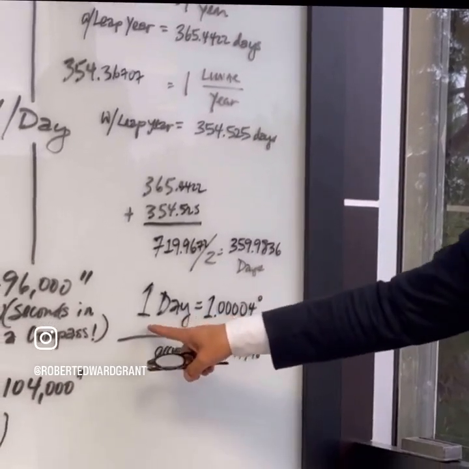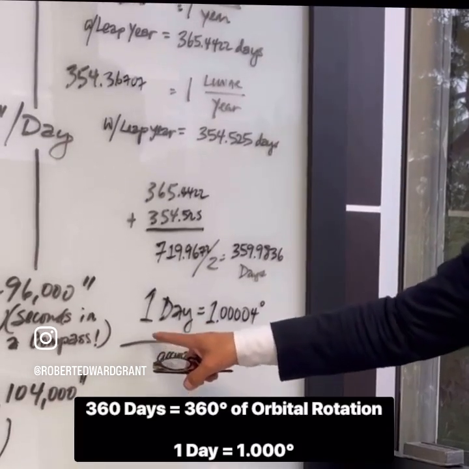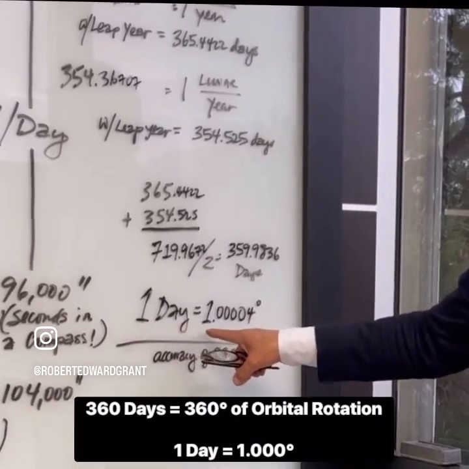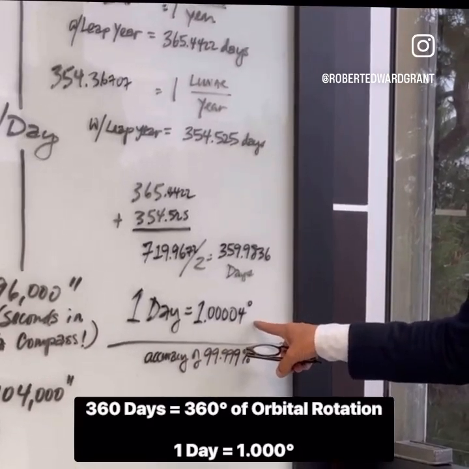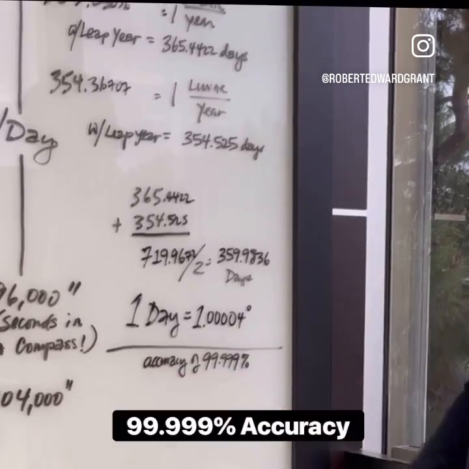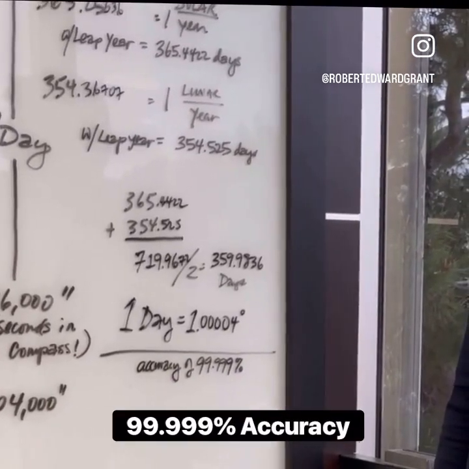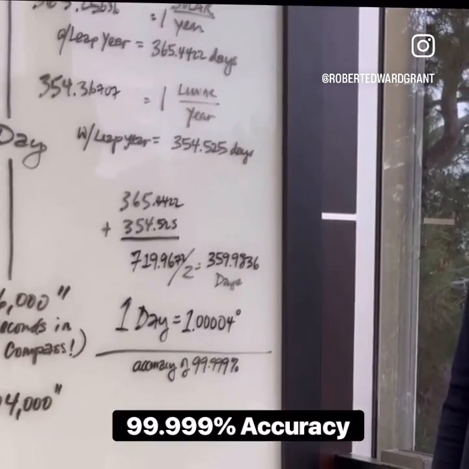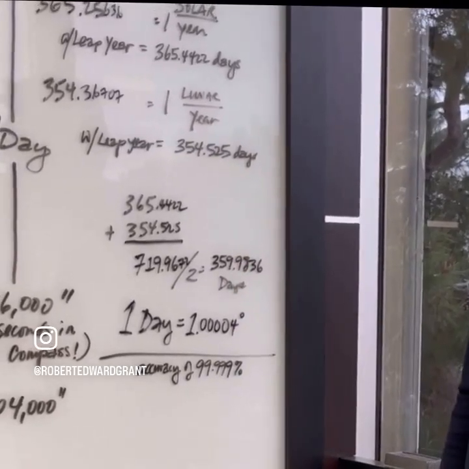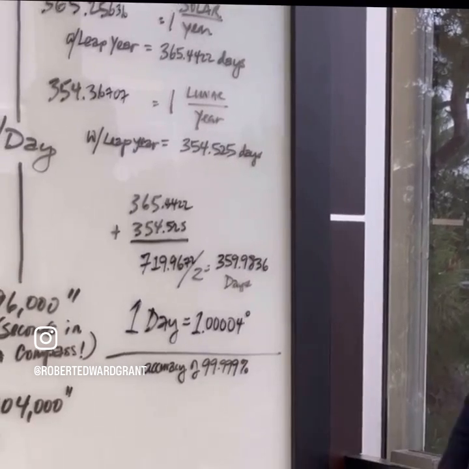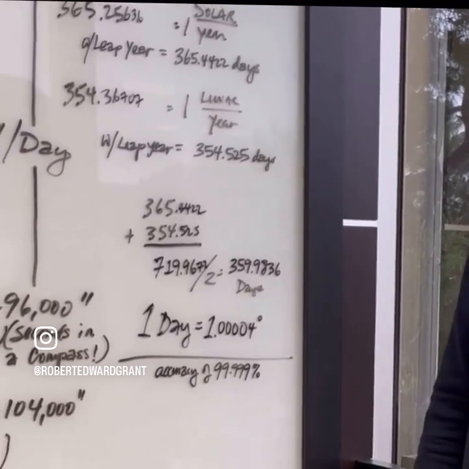So the accuracy of this is pretty astounding. 1 day equals 1.00004 degrees. That's an accuracy of 99.999%. That's pretty astounding. Now we could say, oh, that's just a coincidence because somebody threw that in there. I don't think so. And here's why I don't think so.